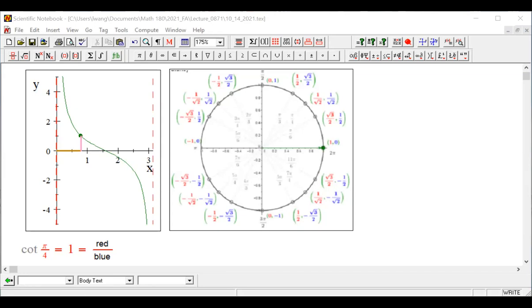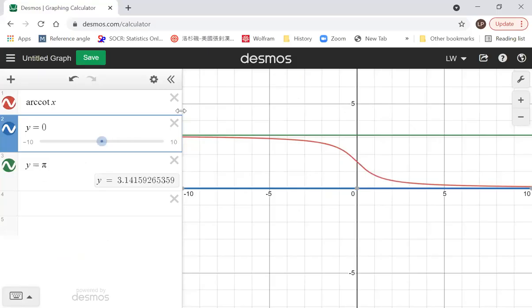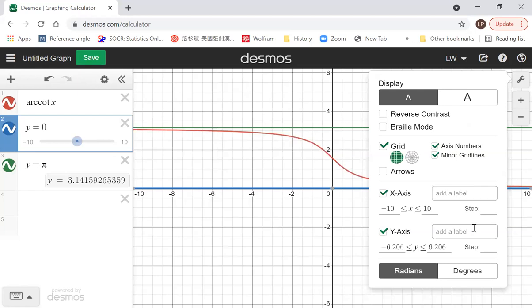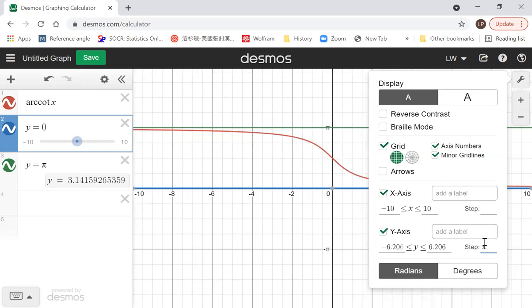So y equals 0, y equals pi. Okay, so I have it produced. So I'm going to show it to you. This is in decimals. That's the ArcCotangent. And I can put the steps there.